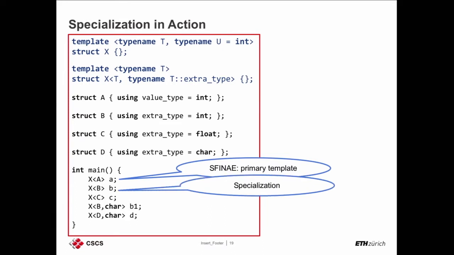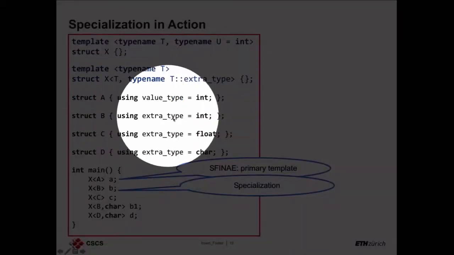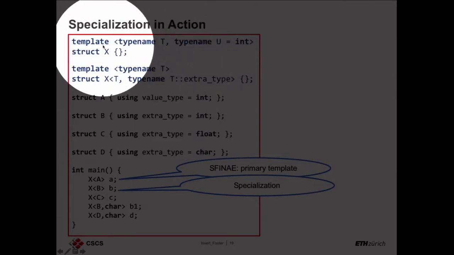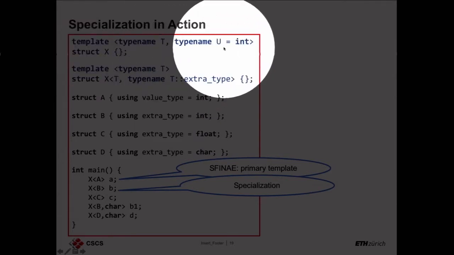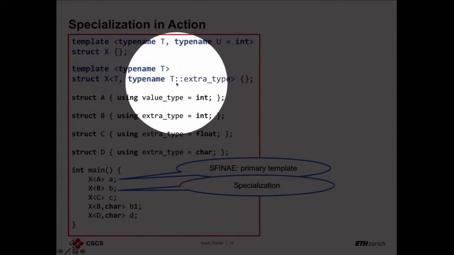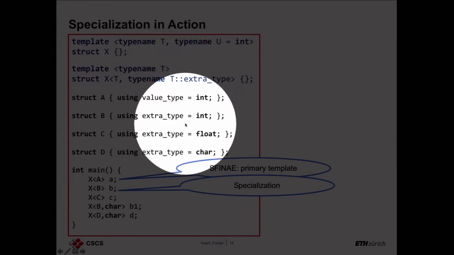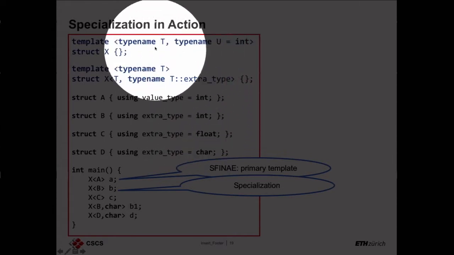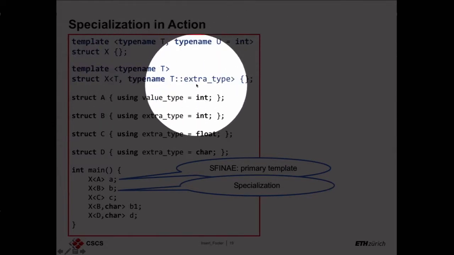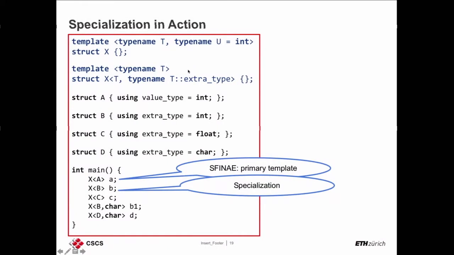The second one goes to the specialization, because B has an extra type of int. So I will try to instantiate the primary template, X with B and int. Now I go here, B, extra type T::extra_type, which is B::extra_type, which is int. Now I have an exact match, B int, like the primary template. So I will select my specialization. You will prefer the specialization.